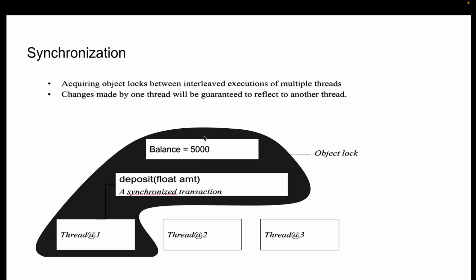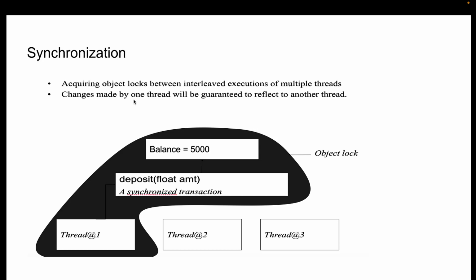Only then will thread 2 come into the picture and deposit the amount. So this is basically doing the job in a synchronized manner so that the deposit functionality does not get messed up. This is the role of synchronization using threads.